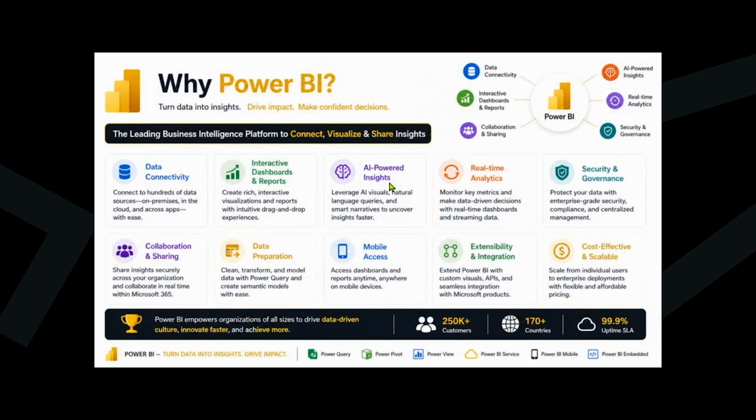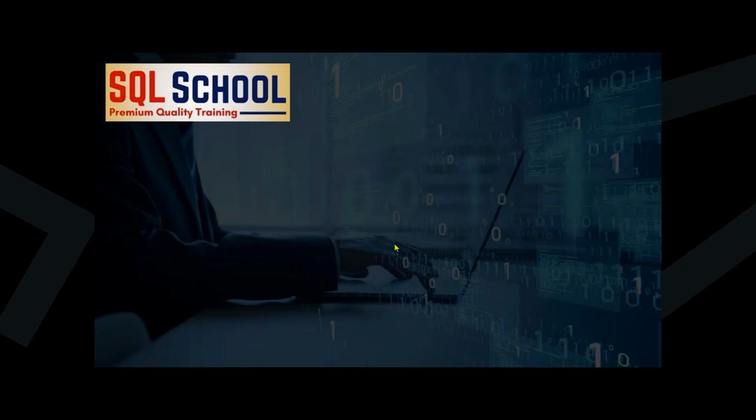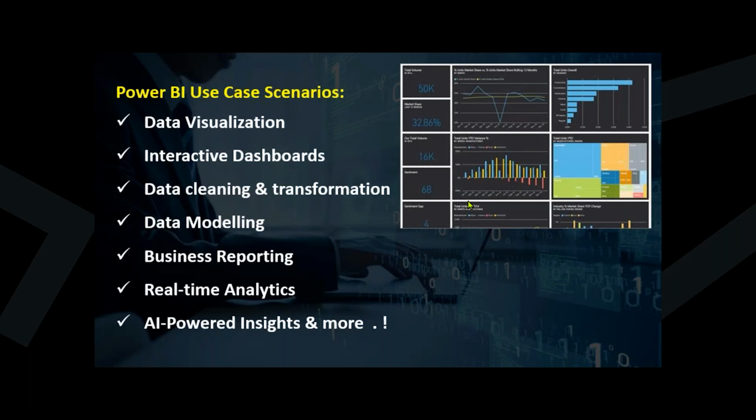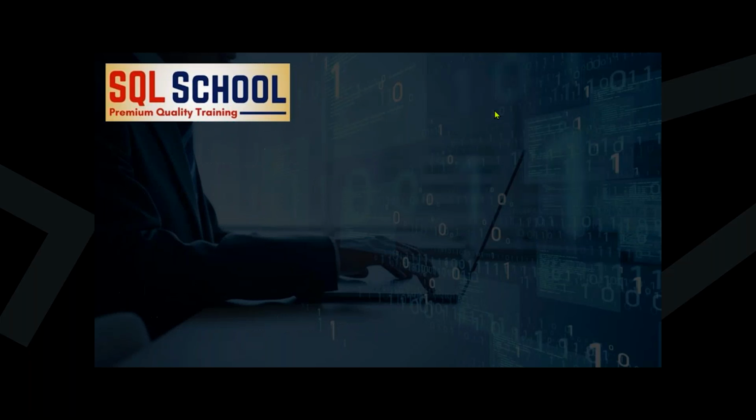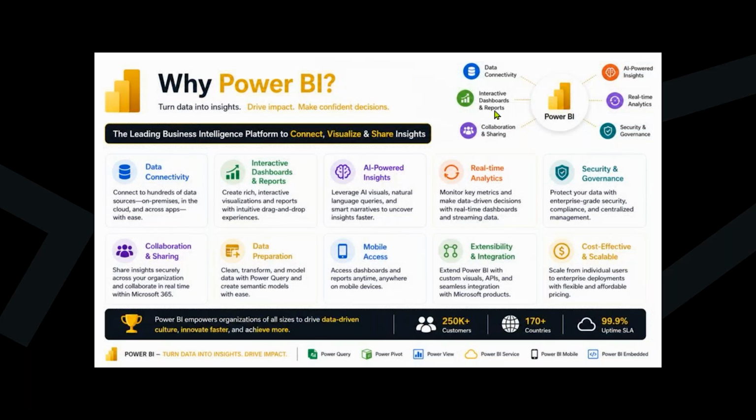Each report has multiple items. For example, this report has a chart visual, a tree map visual, a line chart visual, like this. One report will have multiple visualizations, and those visuals can be generated automatically using AI.